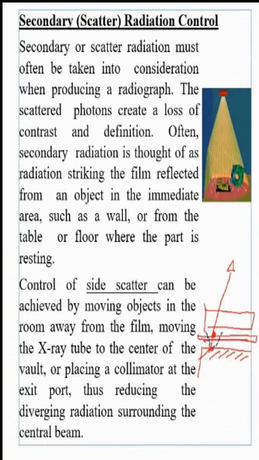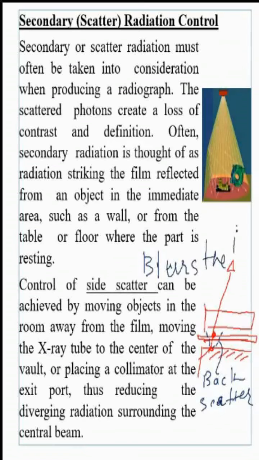So this blue line is called backscatter. And what does backscatter do? It blurs the image on the radiograph, because the same point gets exposed two times, so nearby points too.